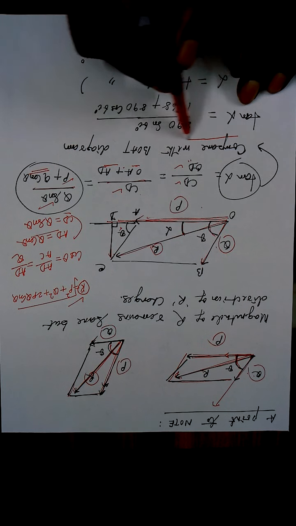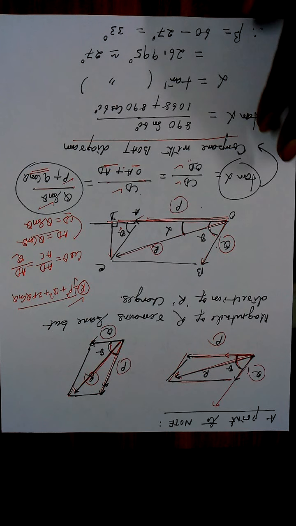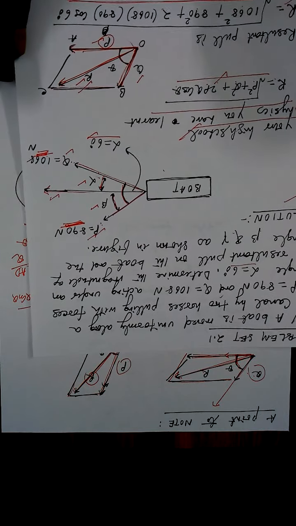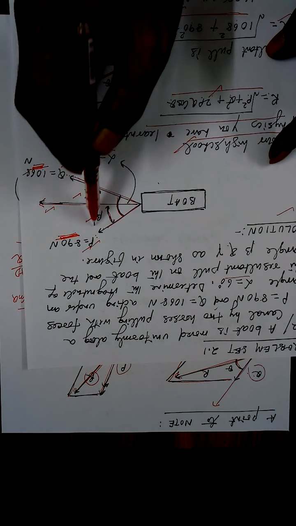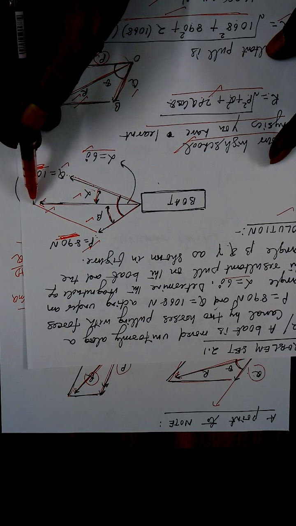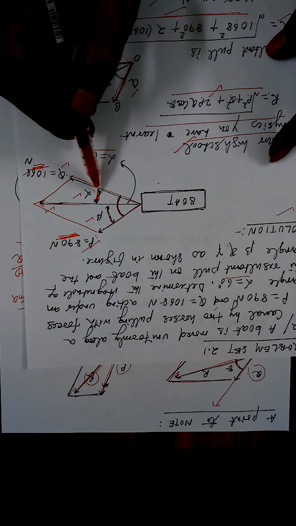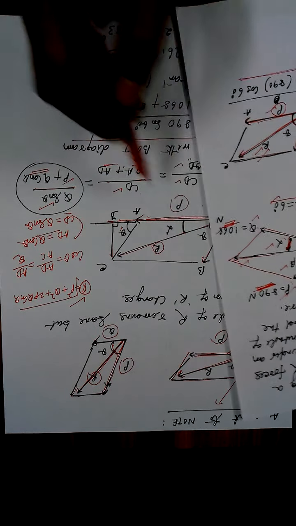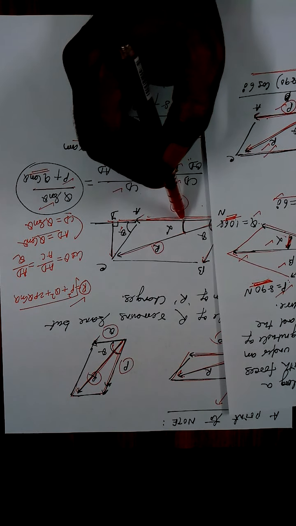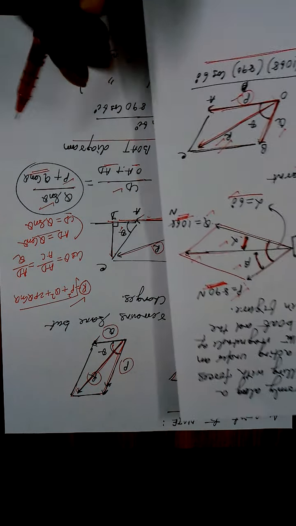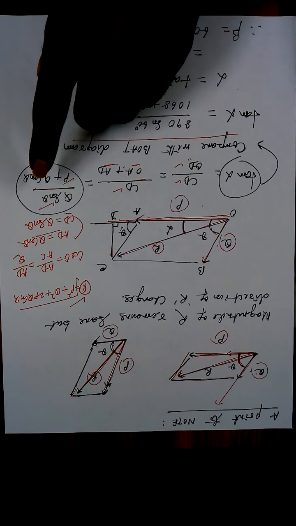Now compare with the boat diagram. That is interesting. Now look, in the boat diagram, this alpha is comparable with this alpha. So straight away use this formula.